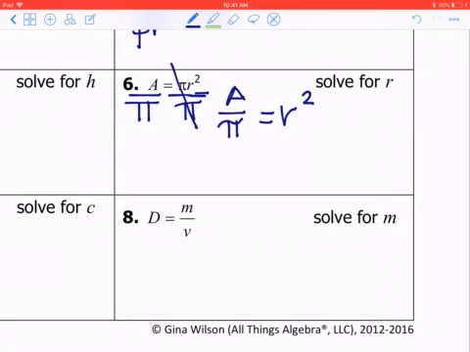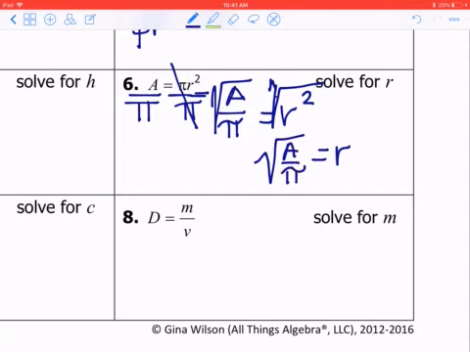To get rid of anything squared, you can take the square root of each side. By doing so, r is alone, and your answer is going to be the square root of a over pi.